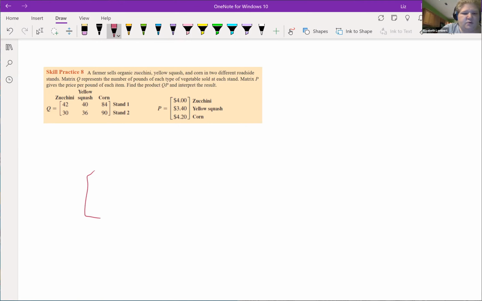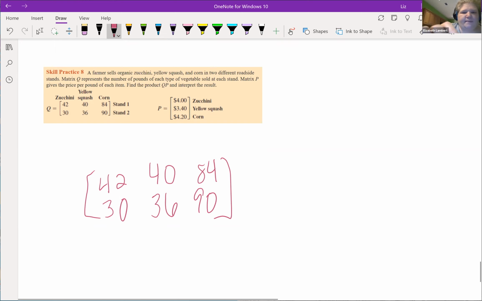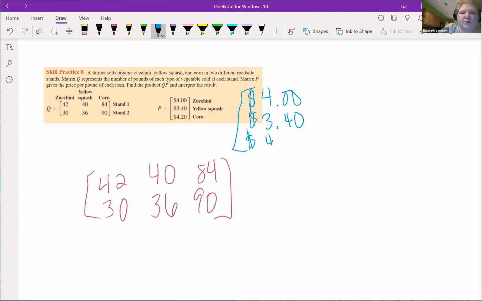Okay, so 42, 40, 84, and 30, 36, and 90. All right, and then on top, because I wrote really big, we have $4, $3.40, and $4.20.